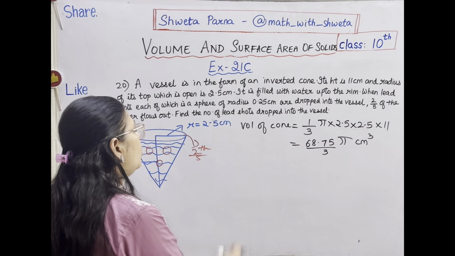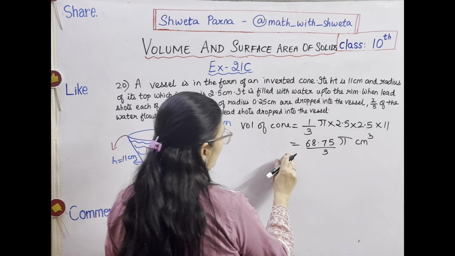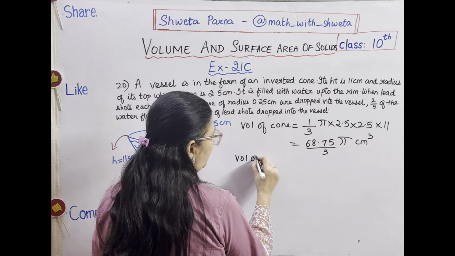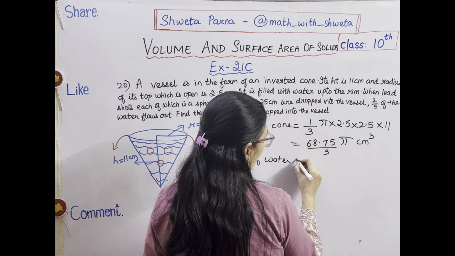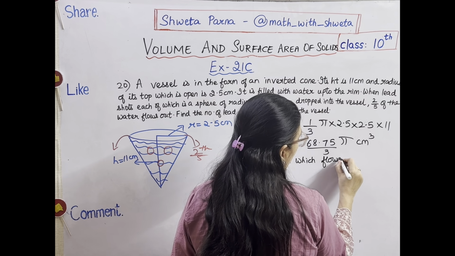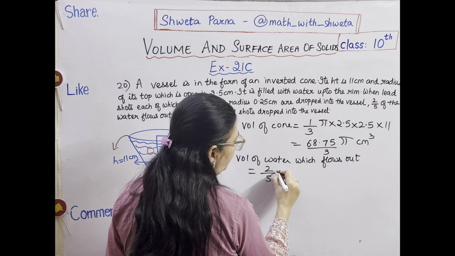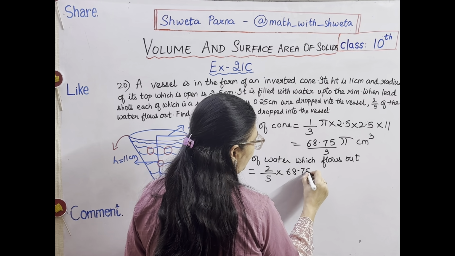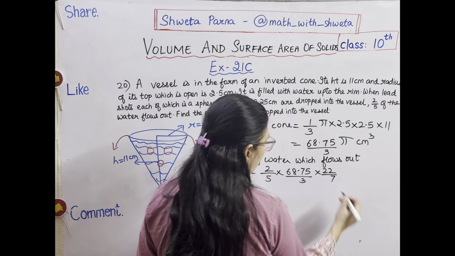Now 2/5 of the water is flowing out. So the volume of water which flows out is equal to 2/5 of 68.75 upon 3 pi, where pi is 22 upon 7.